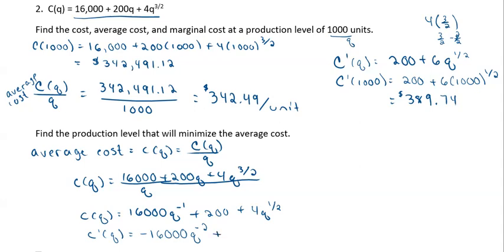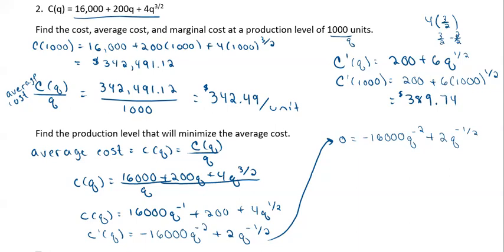And our derivative here, bring down your power, 4 times 1/2 is 2, and subtract 1. So now we have our derivative. Now, if we want to minimize, we take our derivative and we set it equal to 0. So 0 equals negative 16,000 Q to the negative 2 plus 2Q to the negative 1/2.